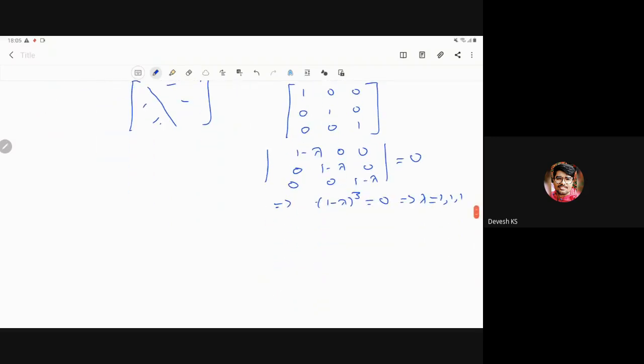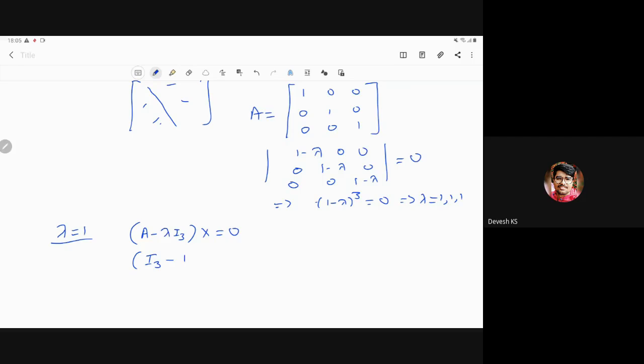Now corresponding to 1, how to get the eigenvectors? You will write this matrix equation, A minus lambda I3 times x equal to 0. But this time lambda is 1 and A is I3. A itself is the unit matrix.